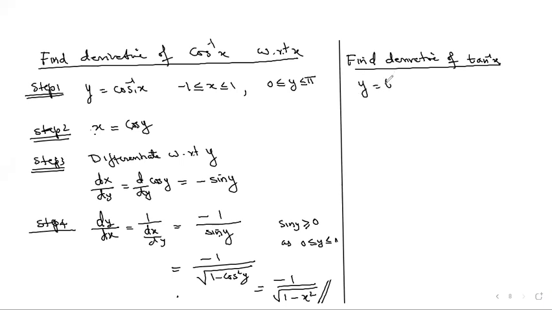y is equal to tan inverse x. x is any real number, and y lies between minus pi by 2 and pi by 2. Now make x the subject. Then differentiate with respect to y.